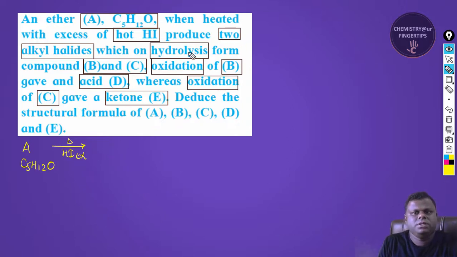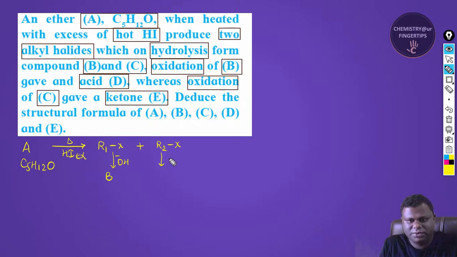Okay, so it produces alkyl halides. So I can write it as R1X plus R2X, right? R1X and R2X, correct? And this on hydrolysis, so I'm going to write here OH minus, and this is going to give you B, right?